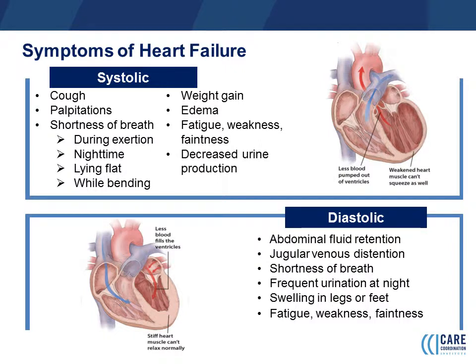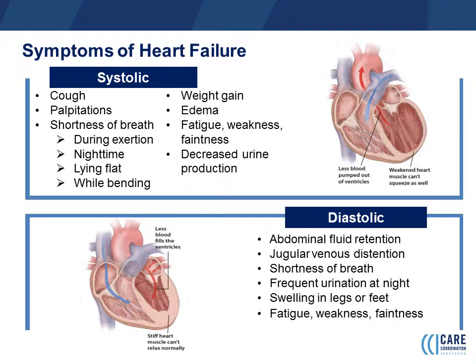The patient in this picture has left-sided heart failure and will have symptoms such as cough, palpitations, shortness of breath, dyspnea on exertion, paroxysmal nocturnal dyspnea, which is severe shortness of breath and coughing that occur at night, orthopnea, shortness of breath while lying down, and the newly recognized symptom of dyspnea when bending from the waist, called bendopnea. All of these symptoms are related to the direction in which the blood is backing up, and in this case, it is to the lungs.